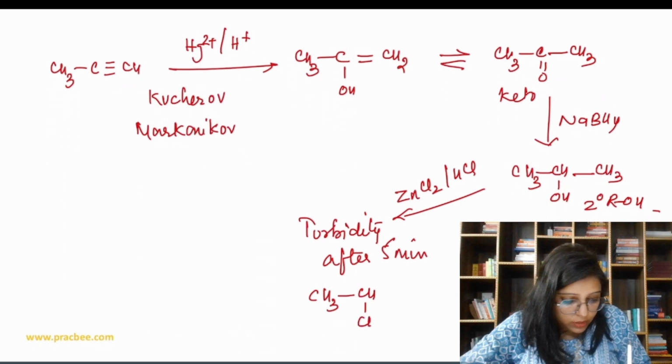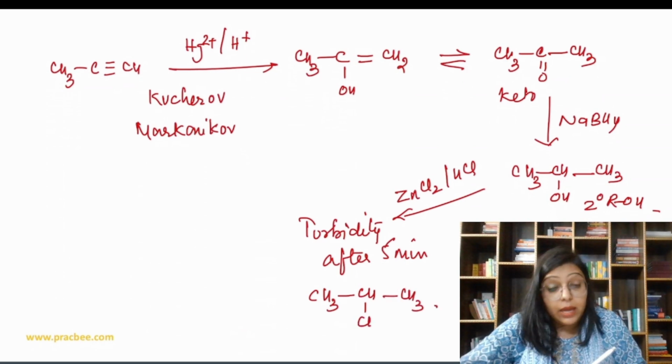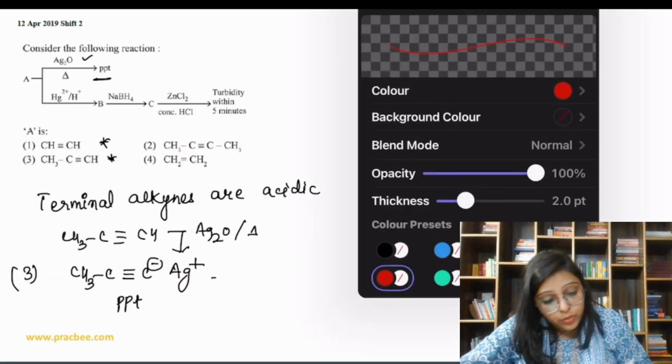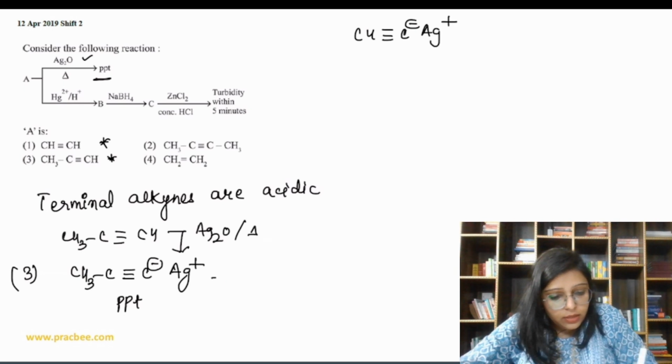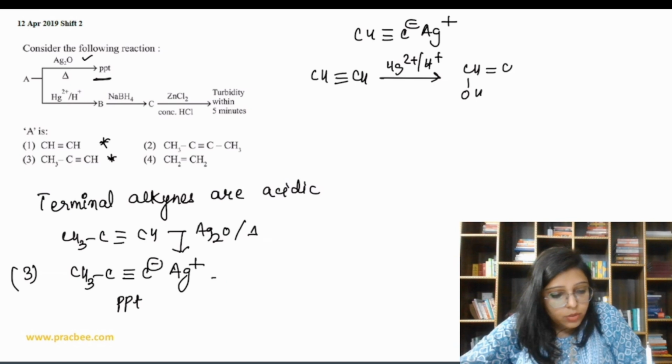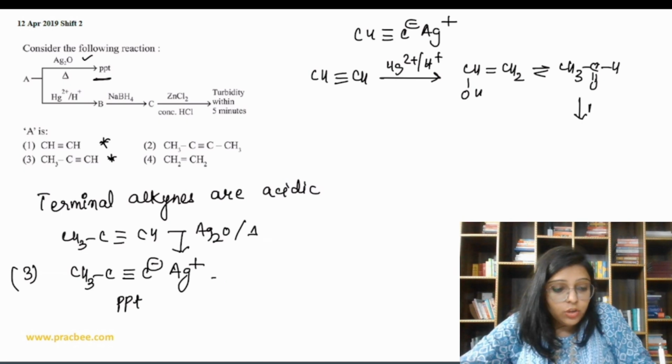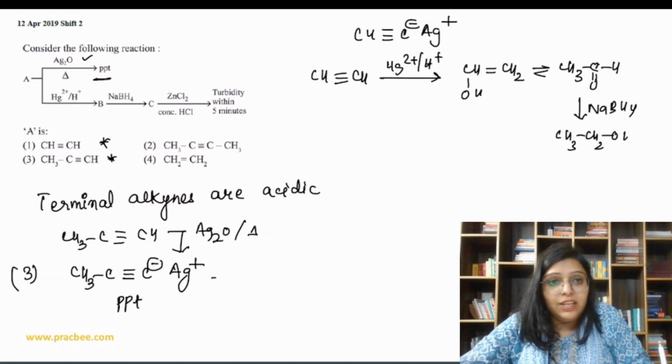Due to formation of this one. Now, if we have option 1, because a terminal alkyne should be there, in option 1 we can write C minus Ag. Then if we take CH triple bond CH, in the presence of Hg2+ and H+, we write CHOH double bond CH2, which tautomerizes to the CH3 CHO aldehyde, which on reduction with NaBH4 gives CH3CH2OH, a 1-degree alcohol.